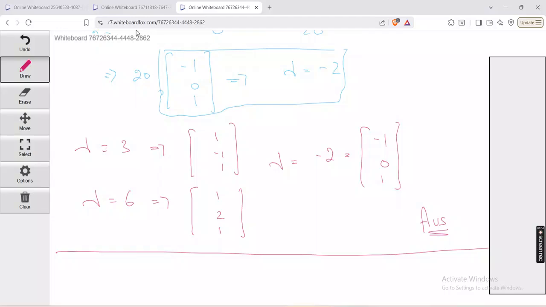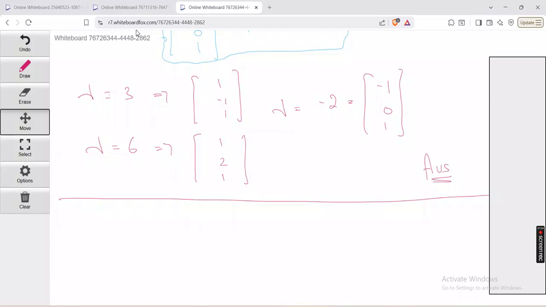But if it's asked in the question to find the diagonalization of this matrix, then you have to do more steps after this also. If it's asked to find the eigenvalues and eigenvectors, okay, until here is fine.